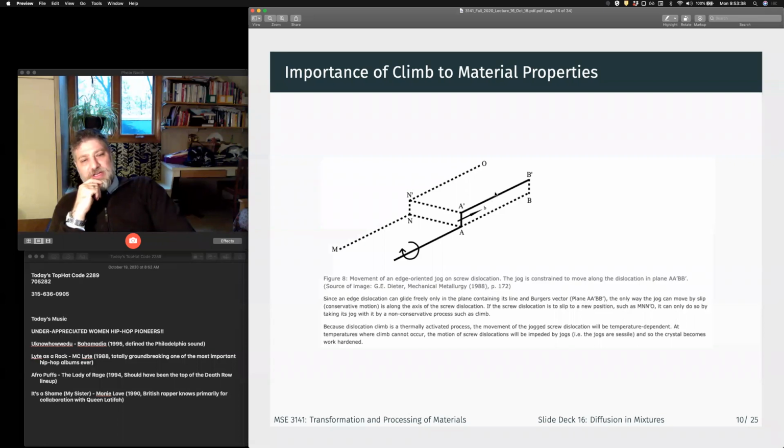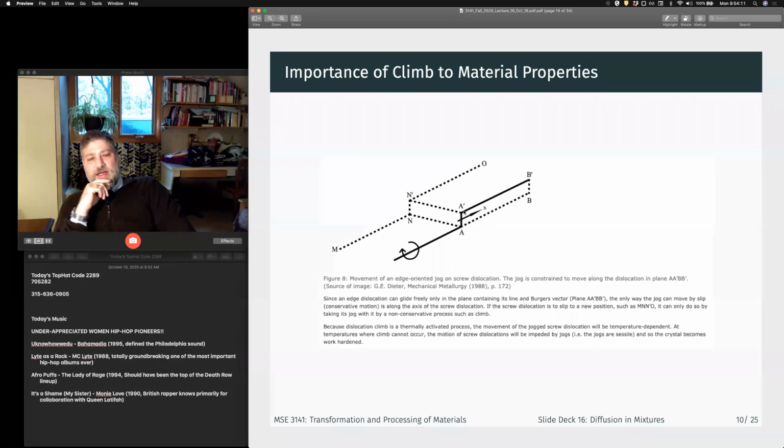My screw dislocation wants to move in this plane, which means this dislocation is largely immobilized. It can't slip very easily because this edge jog essentially pins it in place. The only way is I need to move my edge this way, and then I can glide my screw this way, or I need to move my edge dislocation segment by climb, right?